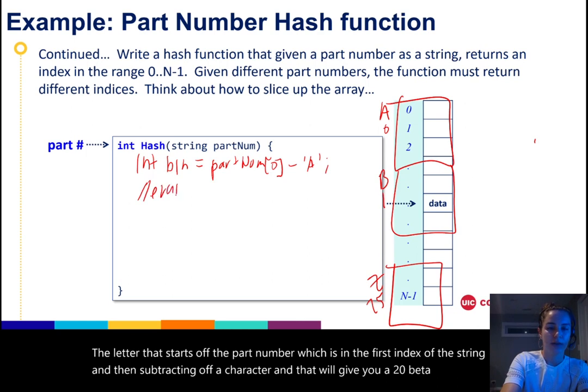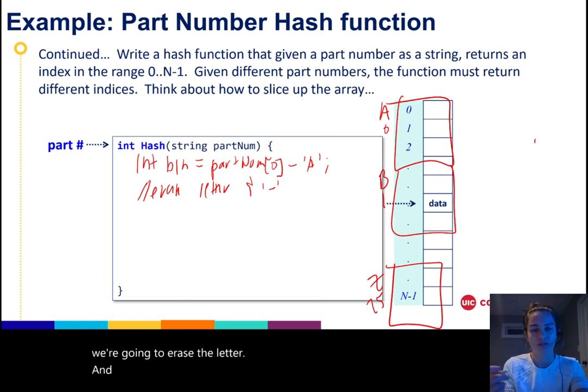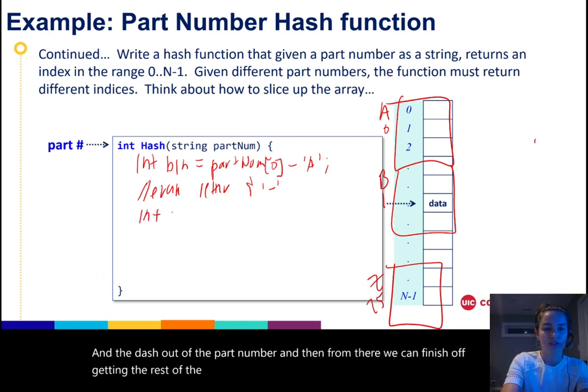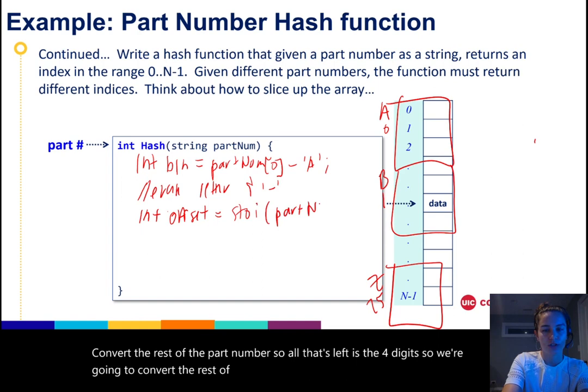Then we're going to erase the letter and the dash out of the part number, and then from there we can finish off getting the rest of the bins. The first thing is we need to convert the rest of the part number, so all that's left is the 4 digits. We convert the rest of it to an integer using stoi.